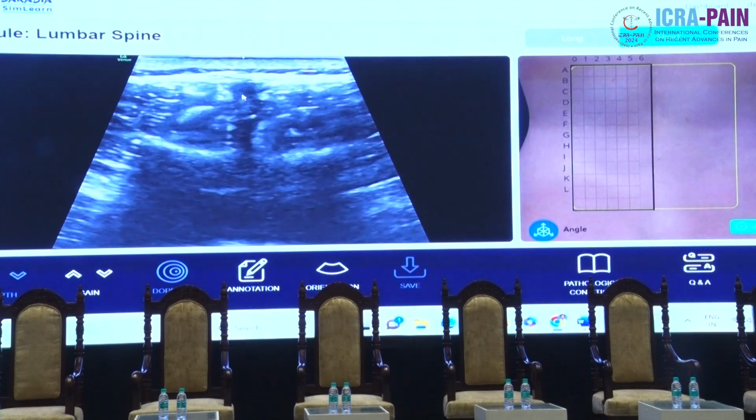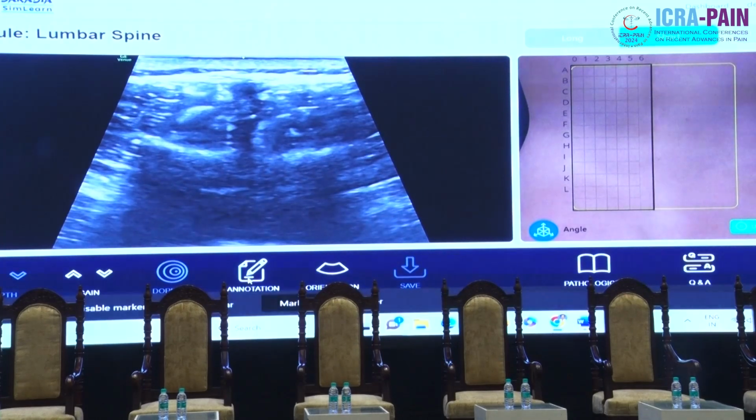No. It is in between the two spinous processes. Why? Because I can see here the ultrasound beam is going through. So let me annotate. So this is again your skin, then black is your what? Subcutaneous fat, then posterior layer of thoracolumbar fascia. Here you are not seeing the deep fascia or latissimus dorsi muscle.